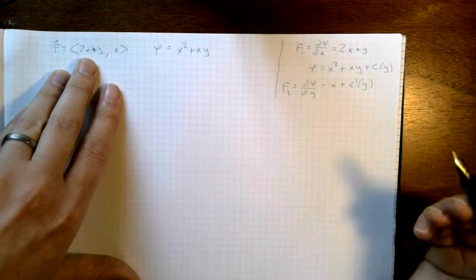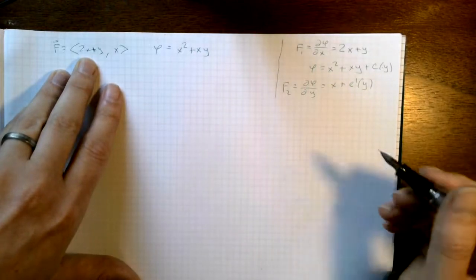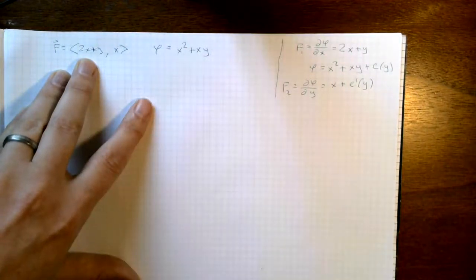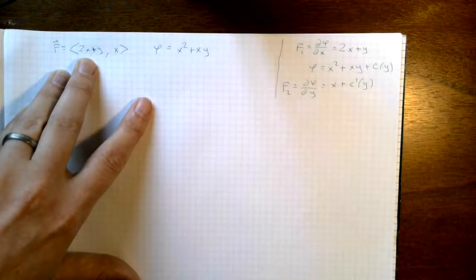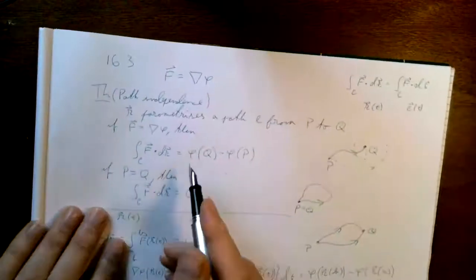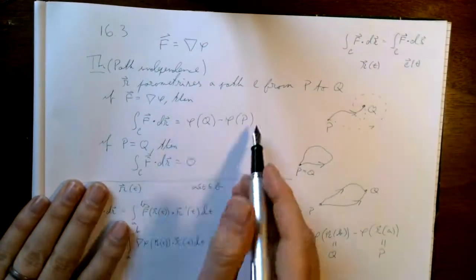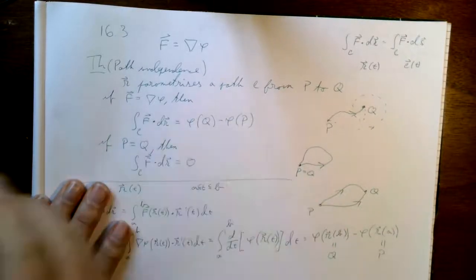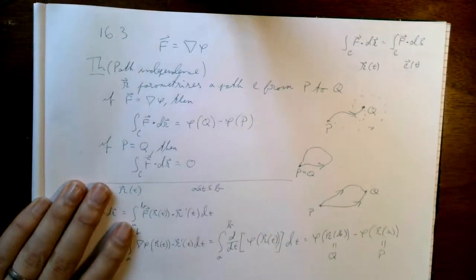I could take c equal to any constant, actually. c could be 1, right? There are different phis that will work, different potentials that will work. If you think about this theorem over here, it's the only place where the potential really matters, when I take the difference of the potential between 2 points.